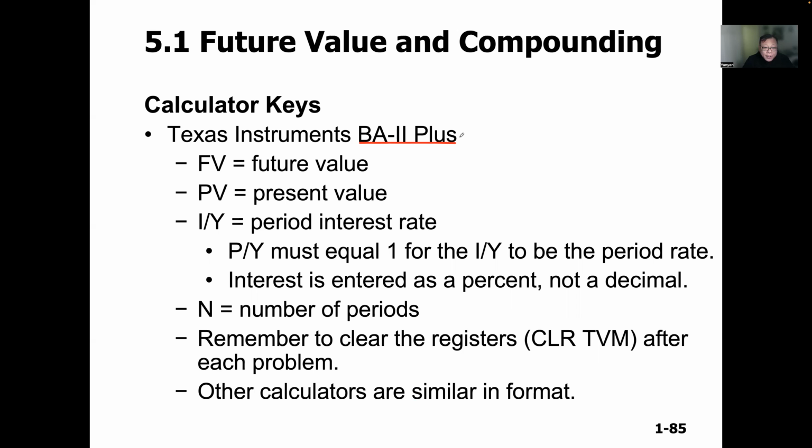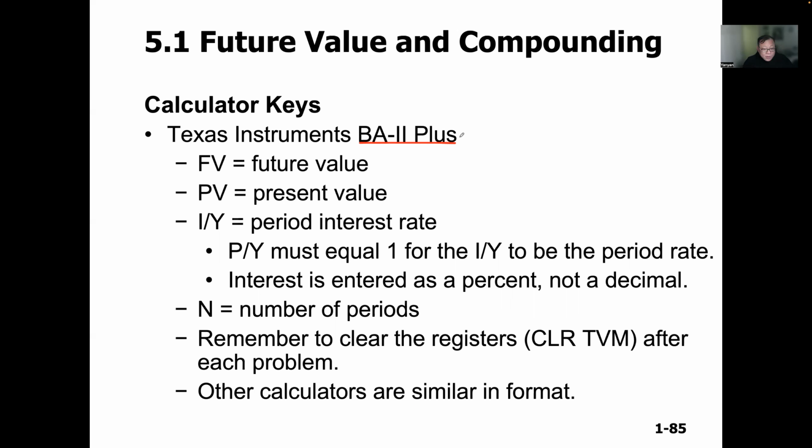So the button FV means future value. The button PV means present value. The I/Y is the interest rate. And the N is the number of periods. Okay, so this is the third row of buttons from the top, and in my case, the buttons are white.